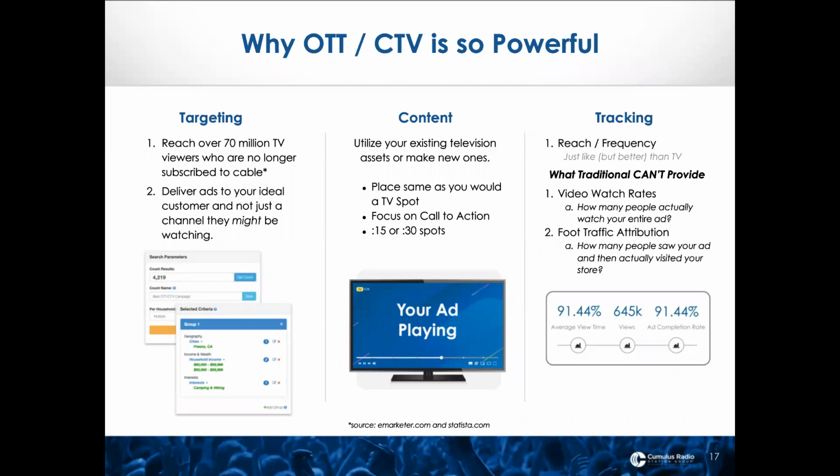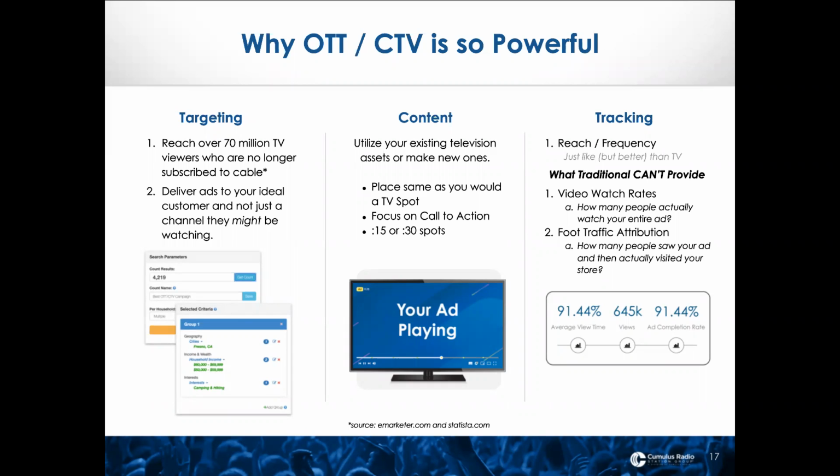Well, it's your ability to really reach over 70 million TV viewers that are no longer subscribed to cable and deliver those ads to the ideal customer on not just a channel, but multiple channels they may be watching because you're targeting their household. You can either place a 15 or 30-second commercial as well as focus on that call to action and also your tracking.